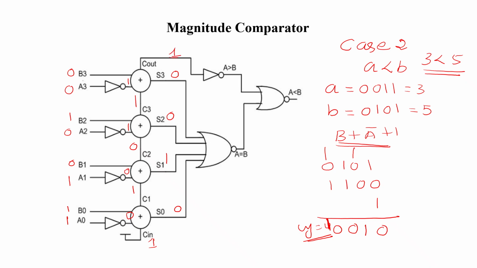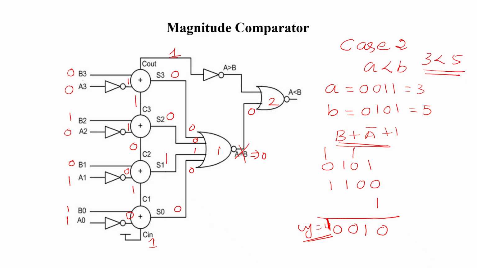So these 4 full adder sums are connected to the input of this NOR gate: 0, 0, 1, 0. The output of the NOR gate is 0. So A is not equal to B. Then this 0 is given to the input of the second NOR gate, and another input comes from the NOT gate output.